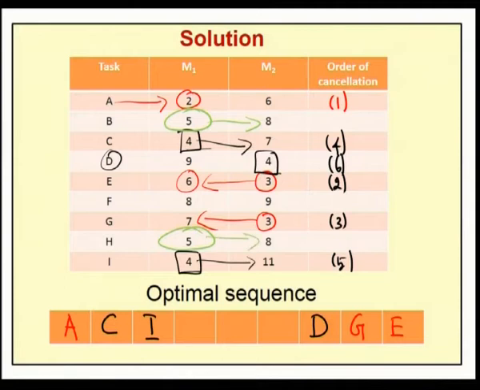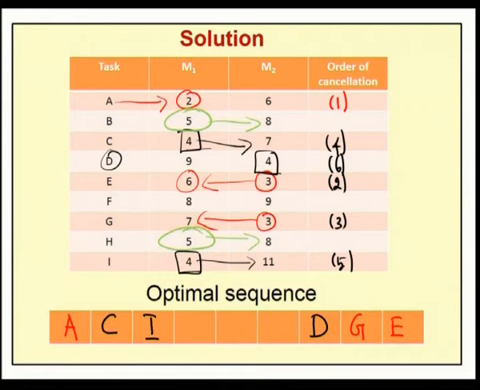So both are same. So in such a case, arbitrarily we can either select B first, H next, or H first, B next. Since the corresponding processing time is 8 in both B and H, either we can select B first, H next, or H first, B next.